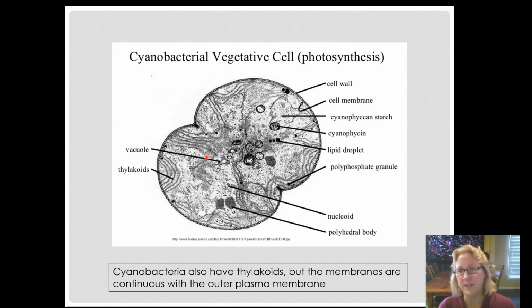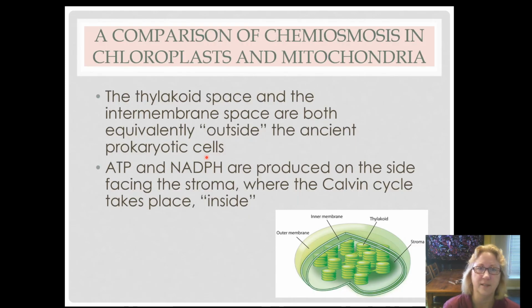So the reason that the protons build up inside the thylakoids and also in the intermembrane space of mitochondria, those are both equivalently outside the cell in both cases. So the ATP and NADPH are going to end up in the cytoplasm of the ancient bacteria, which in chloroplasts we call stroma. So that's inside the cell. The thylakoid space inside the thylakoids is equivalently outside the cell, and that's more clear in chloroplasts than it is in plastids.